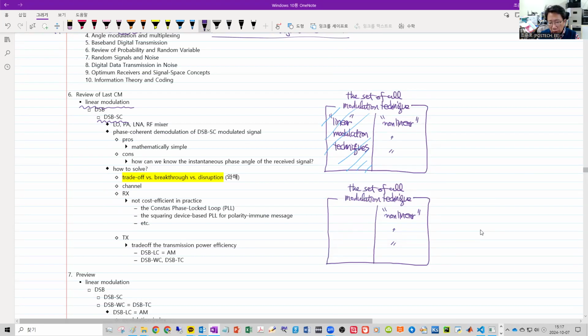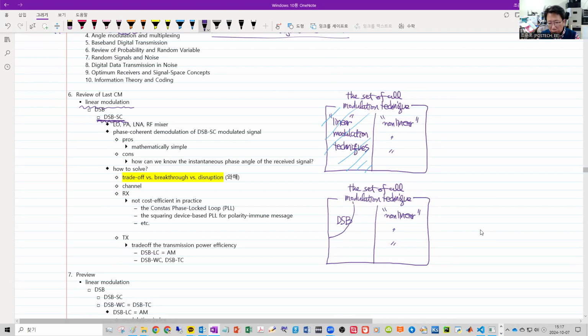And here is the subset called double sideband modulation. Got it? Of course, this is a very small, probably infinitesimally small subset, but let me again exaggerate. So here is the set of double sideband modulation. And within the subset of double sideband modulations, there is double sideband suppressed carrier modulation.